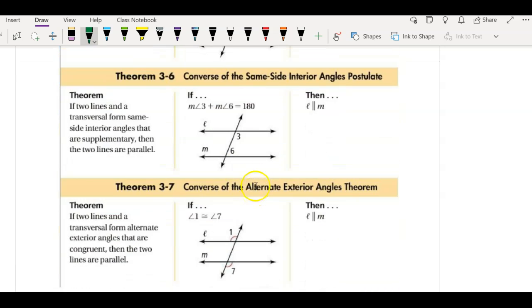Theorem 3.6 is the converse of the same side interior angles postulate. Here, if the measure of angle 3 plus the measure of angle 6 is equal to 180 degrees, then lines L and M are parallel.